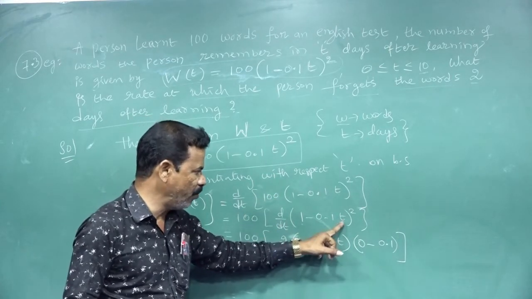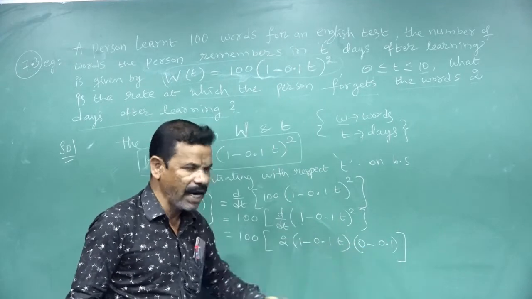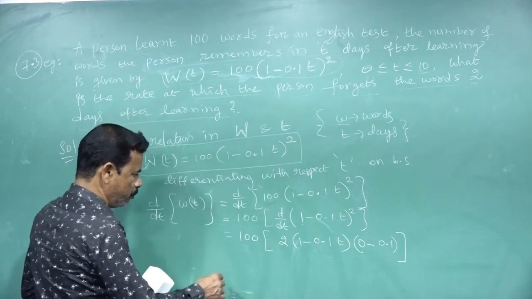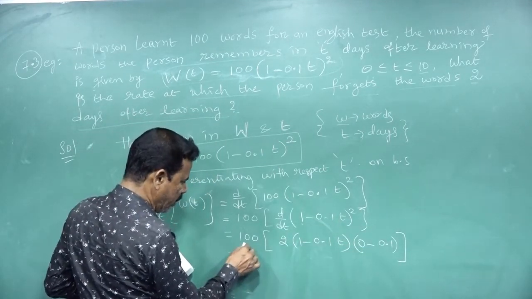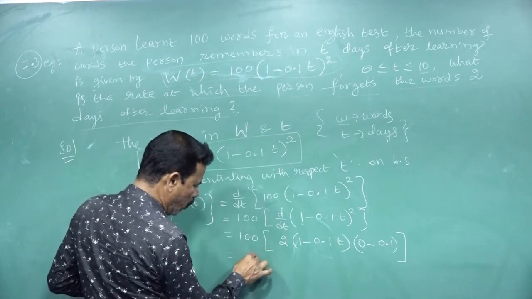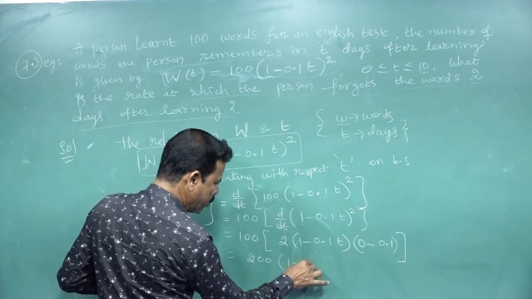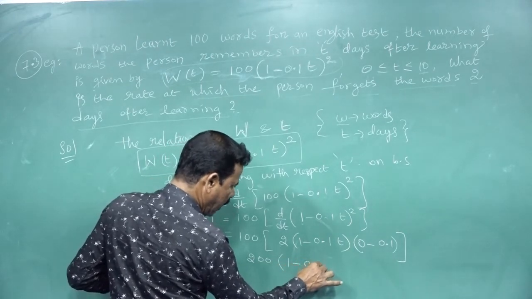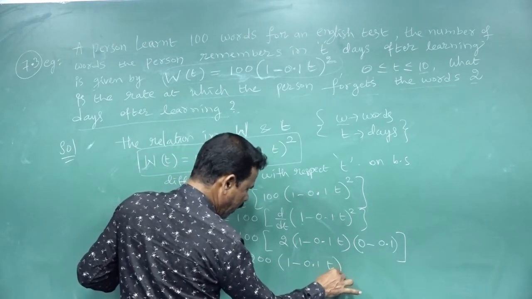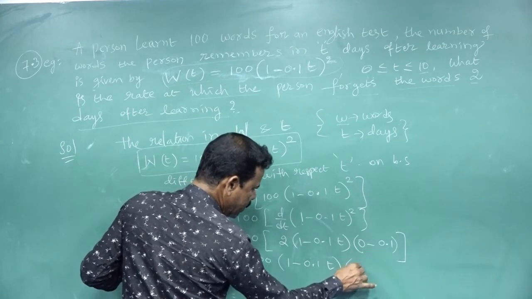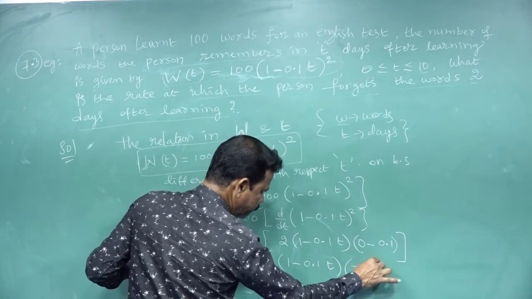That's why only the constant appears here. Now how much is this value? 100 into 2 is 200, times (1 minus 0.1t) and minus 0.1.